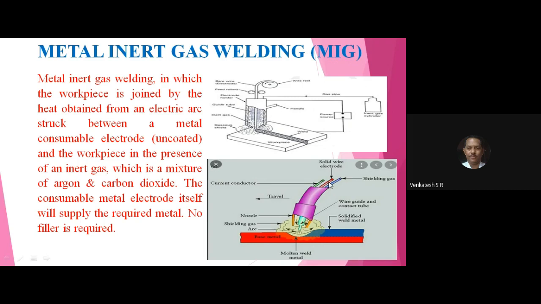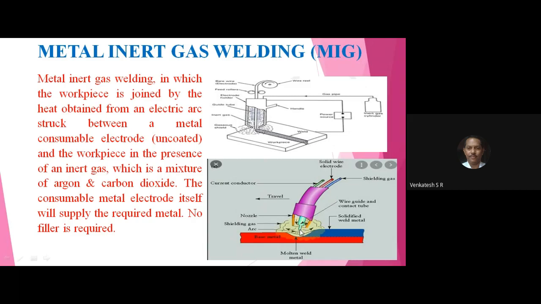All of you observe here, this is the shielding gas, usually argon, and near it the solid wire electrode that is coming from the coil, wire guide and the contact tube, solid weld metal and the molten metal weld pool, and this is the electrode.